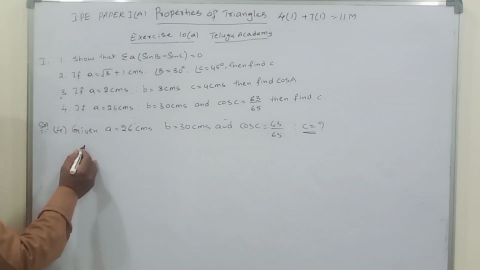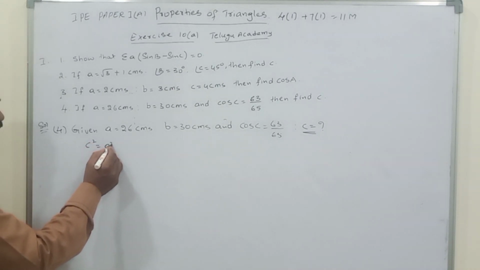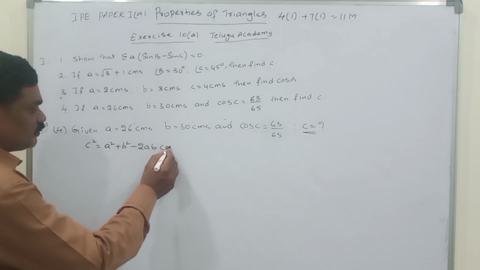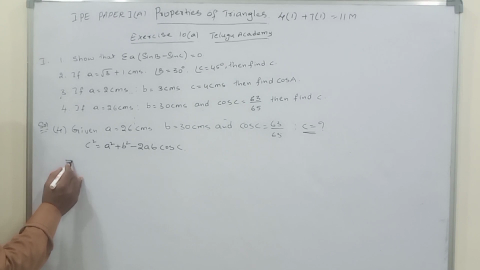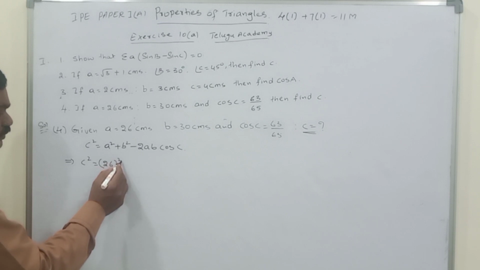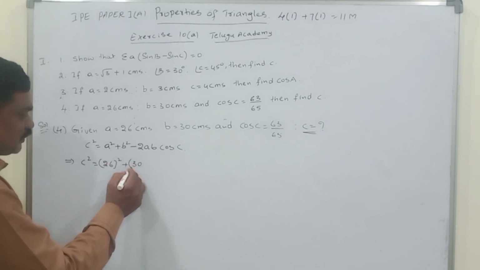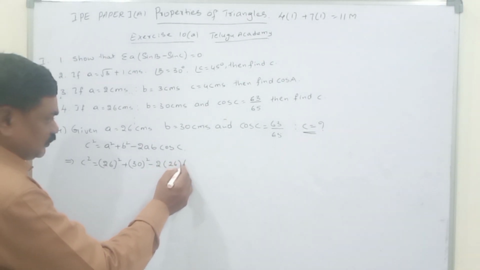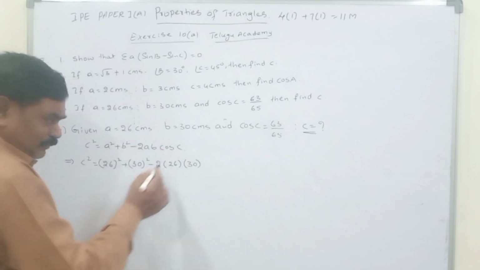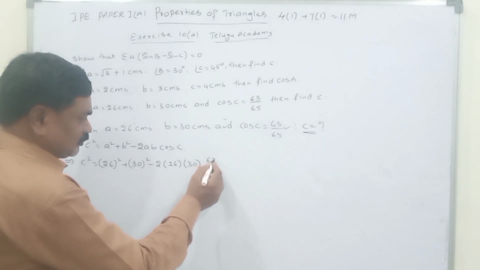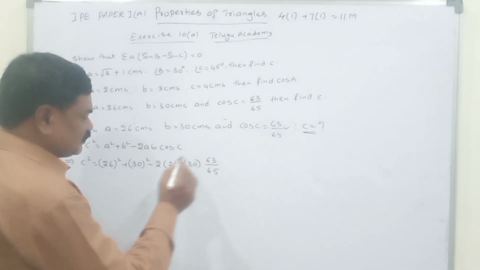So what is the c value? By the cosine rule, c square is equal to a square plus b square minus 2ab cos C. So you have to substitute the values here. a square is 26 whole square, b square is 30 whole square, minus 2 into 26 into 30 into cos C value, 63 by 65.